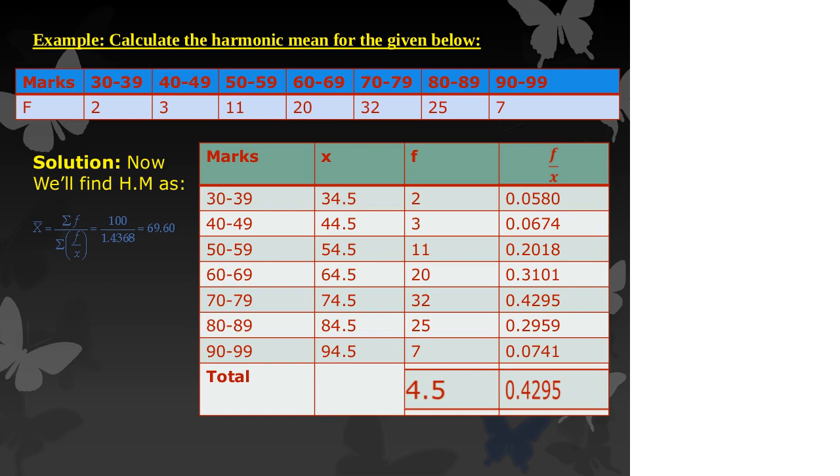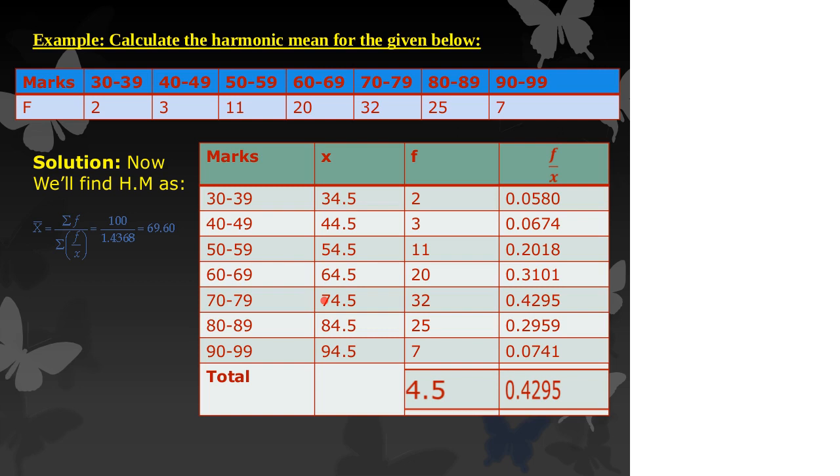Wambui, where is this 36.6 from? We are talking about 30 plus 39 divided by 2. We have 40 plus 49 divided by 2. 50 plus 59 divided by 2. Wambui, where is the 29.7 coming from? Okay, that's for the first class separately. So we have 40 plus 49 divided by 2.